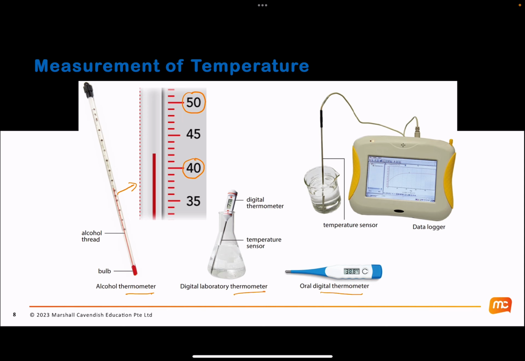When you're reading a thermometer value, you should look at the difference between the two values that I have circled, 40 and 50. There are in total 10 divisions between them. This will mean every 10 degrees Celsius, there are 10 divisions. Each division would be 1 degree Celsius.